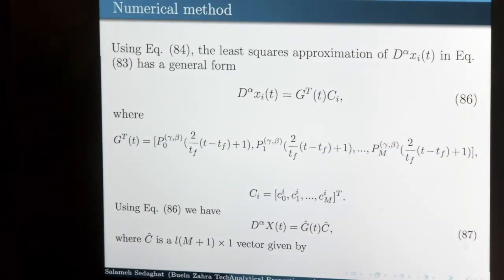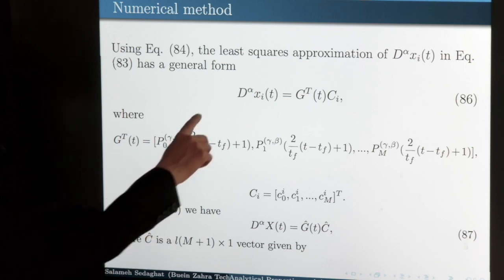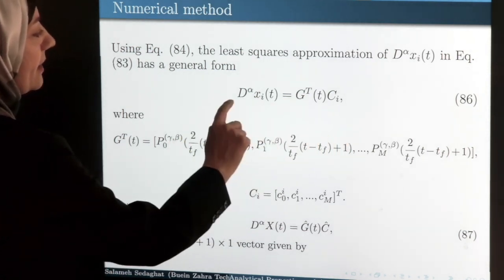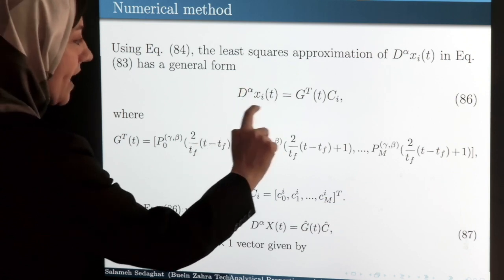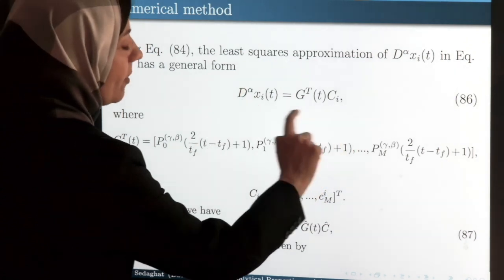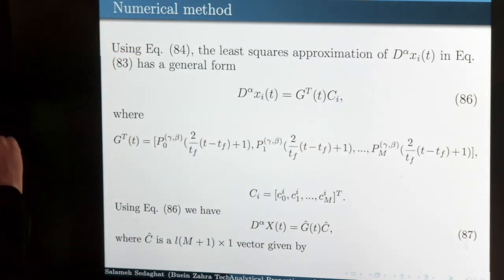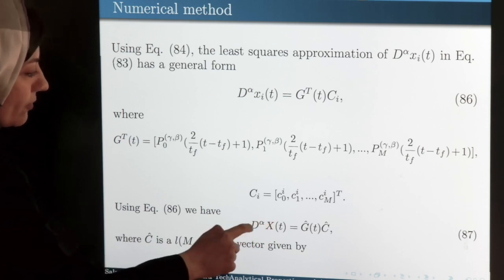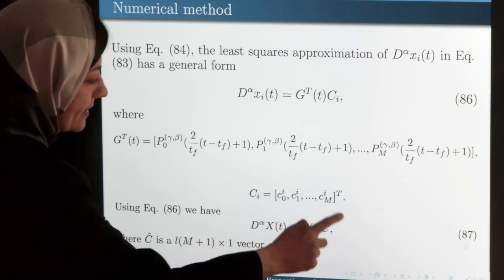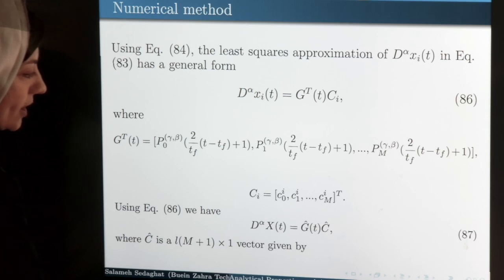By using the least squares approximation of the fractional derivative of order alpha, we can write the derivative of order alpha of each xi from this equation. And for x of t, our vector, we can write it like this equation.